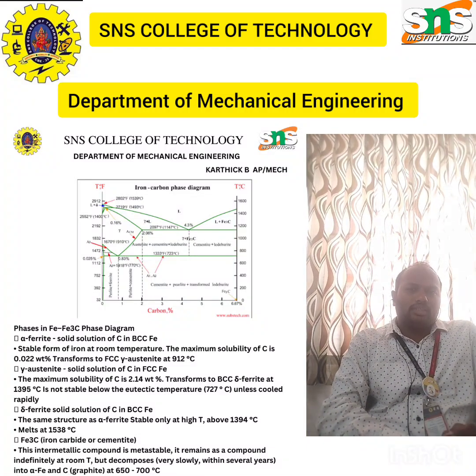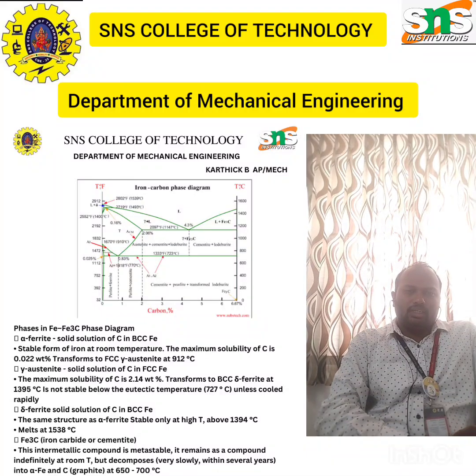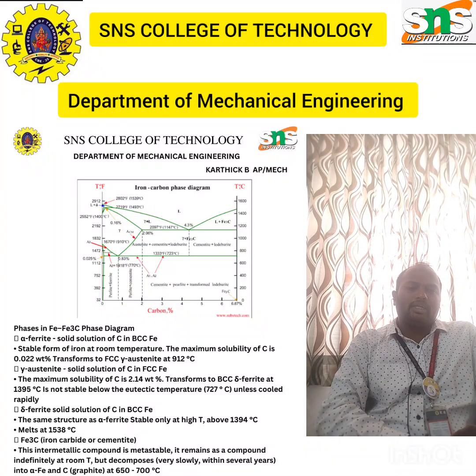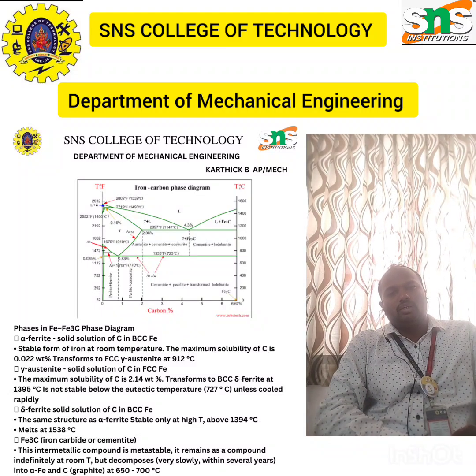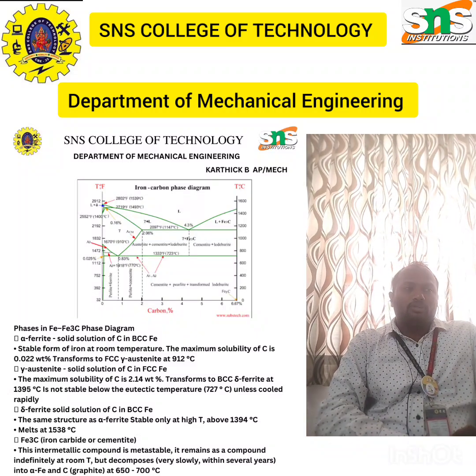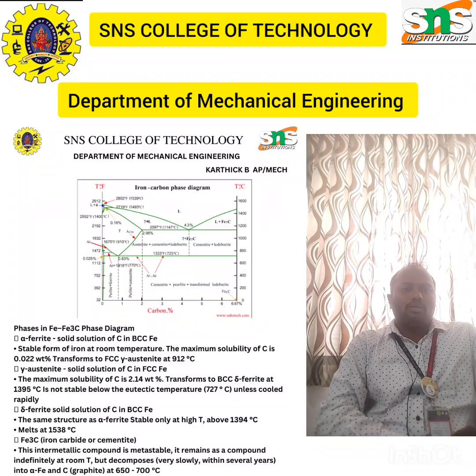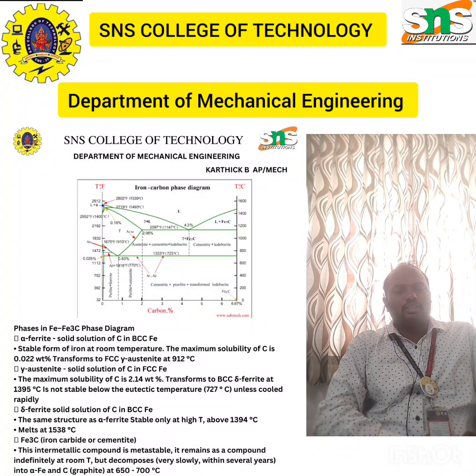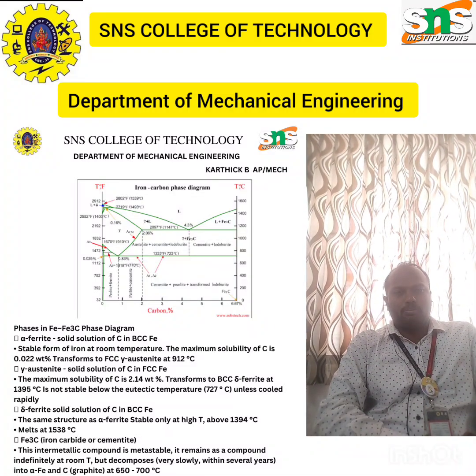Austenite has the loop between ACM and A3, at the lowest part at 0.8, and at the right part up to 2.06. It is face-centered cubic and has the maximum solubility of carbon, as I said previously.